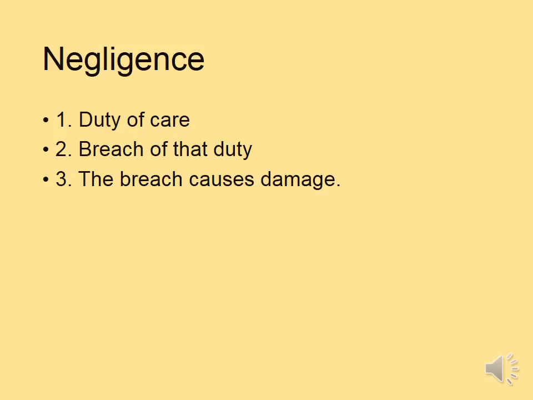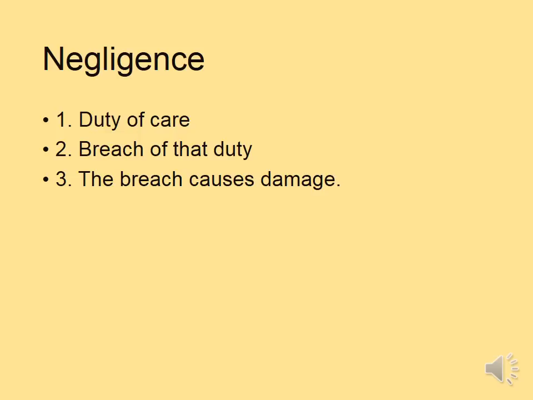You'll remember from the previous presentation, which hopefully you've watched. If you haven't, I would pause this one here and go back to that previous one. We're simply looking at three main elements, and today's presentation is going to focus on the first one. Negligence is built in three layers.